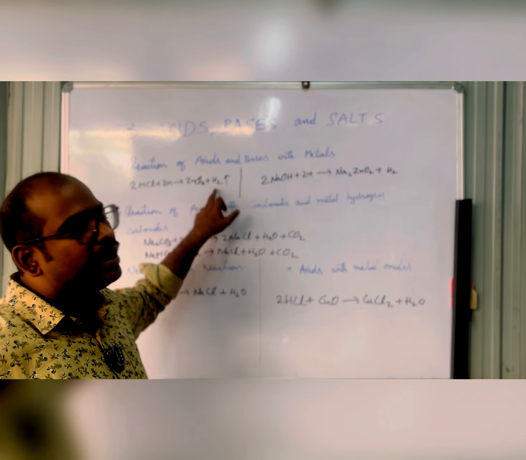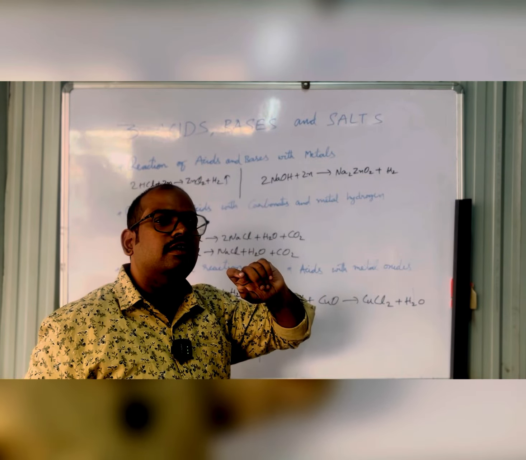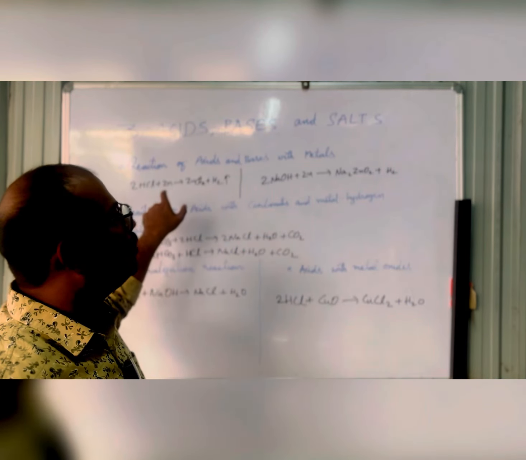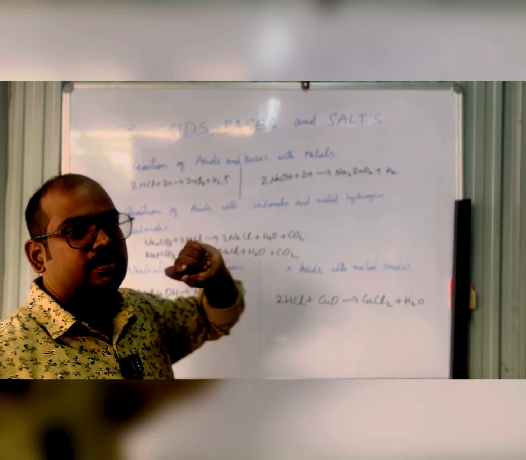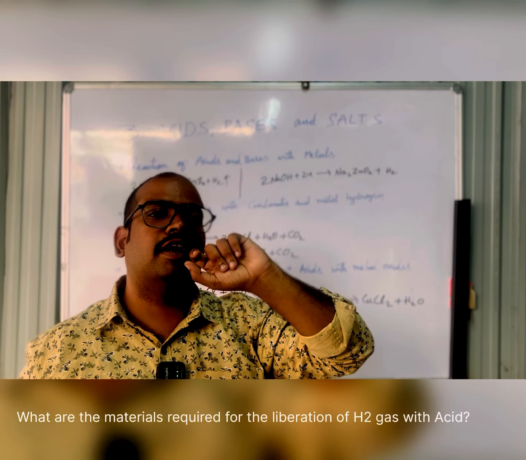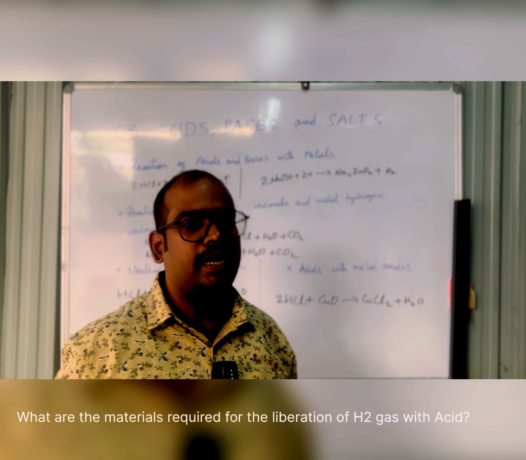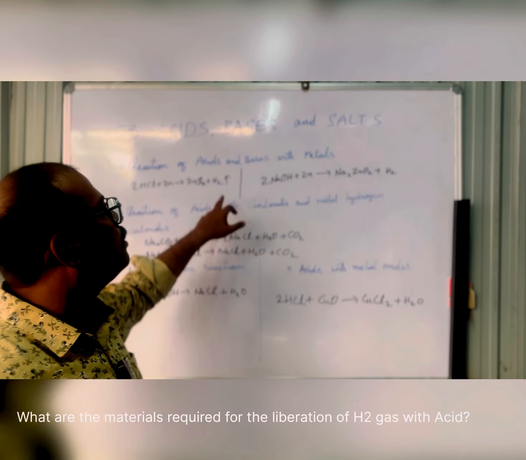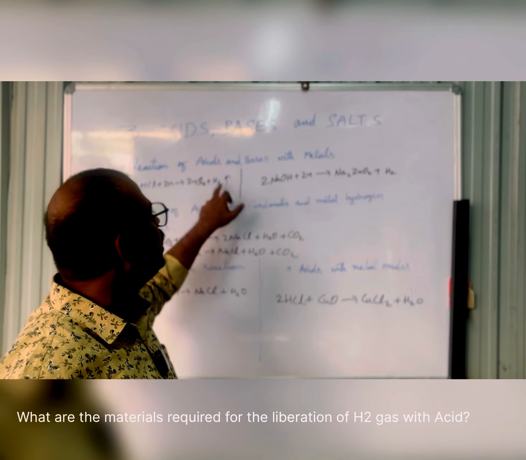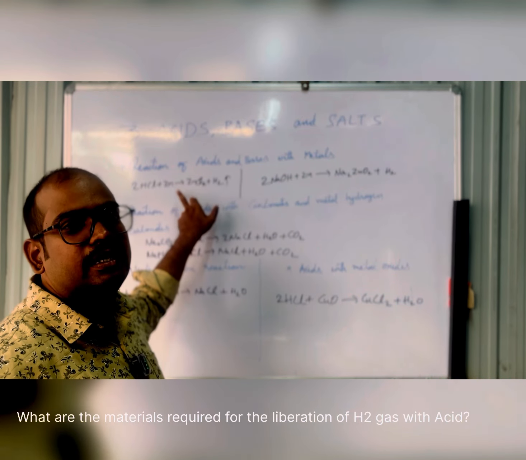In our main exam, the question will not be direct. They will not ask what is the reaction of acid with metals. What they will ask is, write the materials required for the liberation of hydrogen gas. So you need to remember that liberation of hydrogen gas is done when acid is reacting with metal.